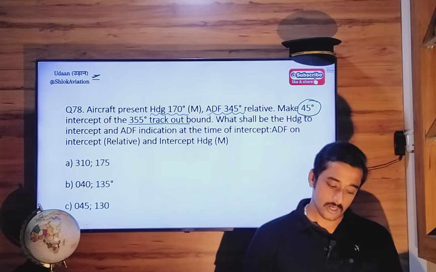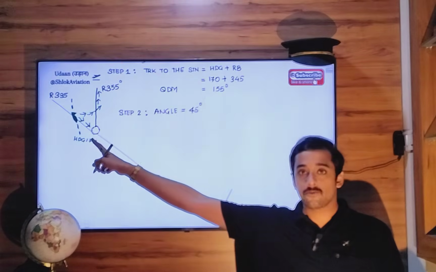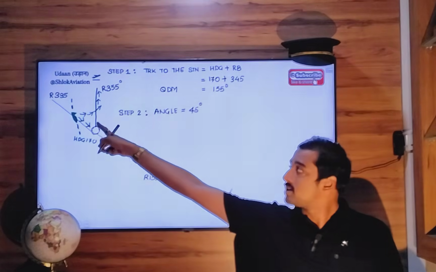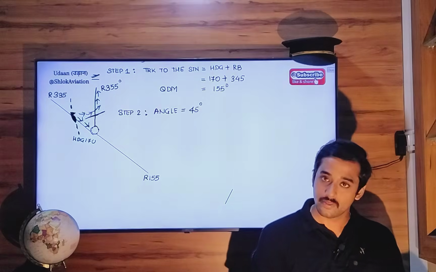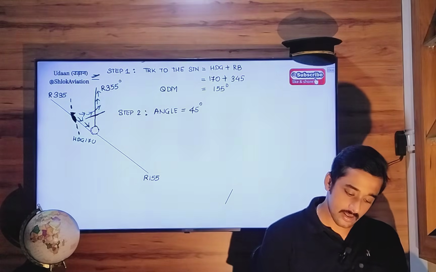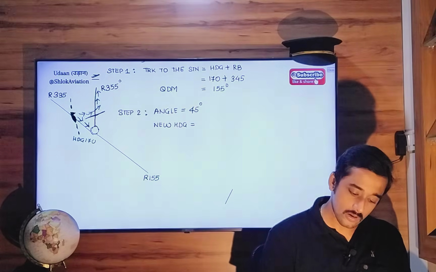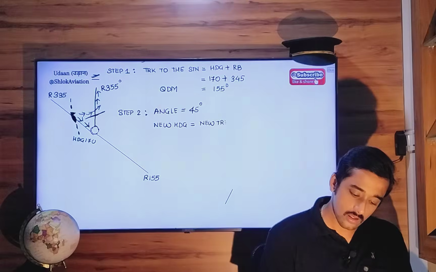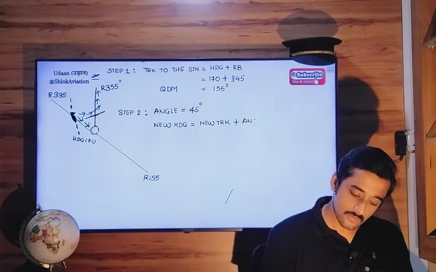So we have to find out the new heading that aircraft will have to fly. It will have to change its heading from 170 to a heading which is less than 170 to intercept that track like this. So what will be the new heading? New heading will be equal to new track plus intercept angle.